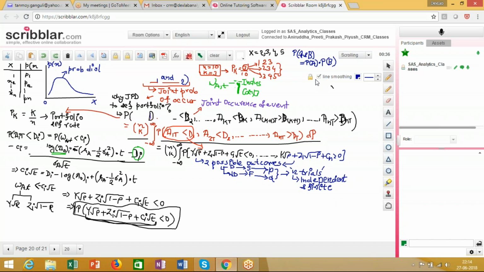So what I'm trying to understand over here is, let's take the case where the first k number of accounts go into default.